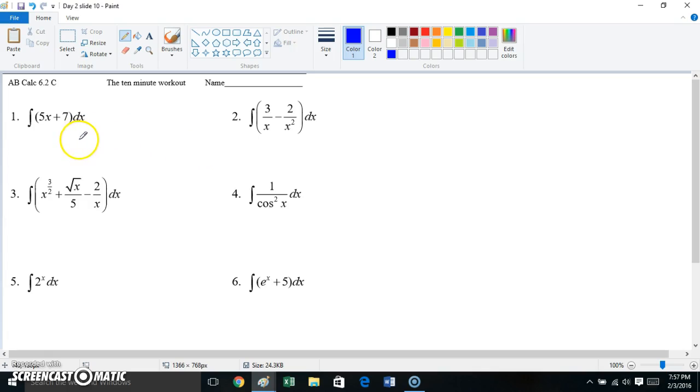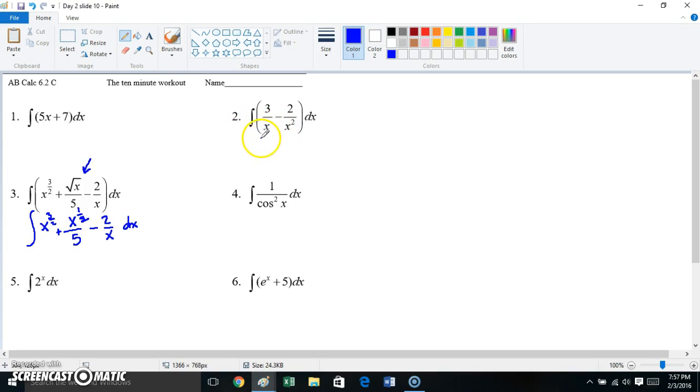The only thing I would say is see if you need to rewrite anything. For example, the square root of x, maybe write that as x to the 1/2. 2 over x I'm going to leave. x to the 3/2 I will leave. So think about if you need to rewrite anything.